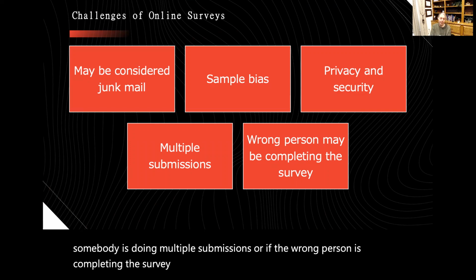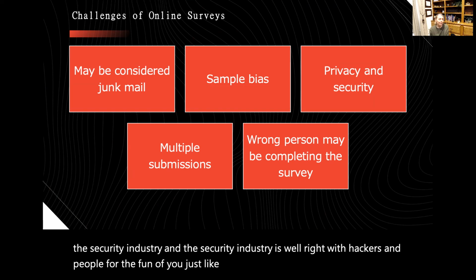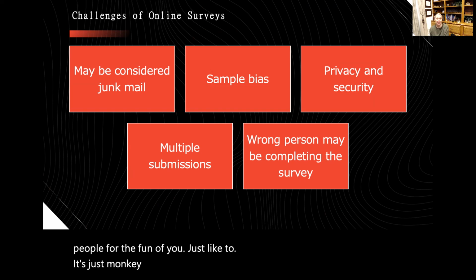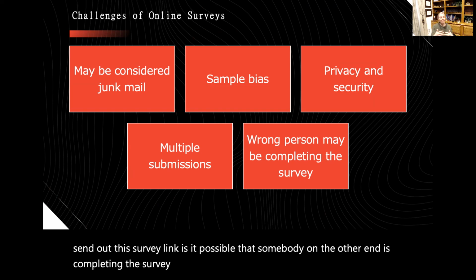An example of this: I've done a lot of research in the security industry, and the security industry is ripe with hackers and people who, for the fun of it, just like to monkey with things. There's always that concern that when I send out this survey link, is it possible that somebody on the other end is completing the survey multiple times, trying to skew the data? I mean, it's possible.